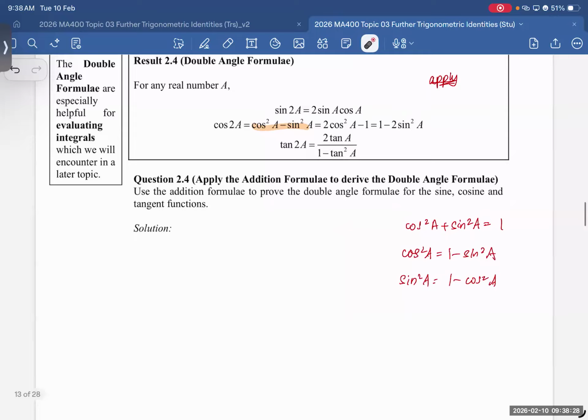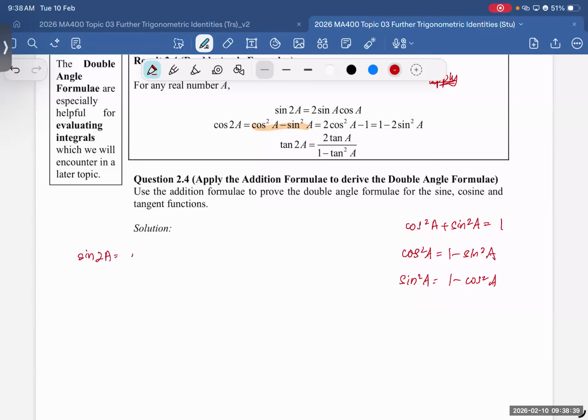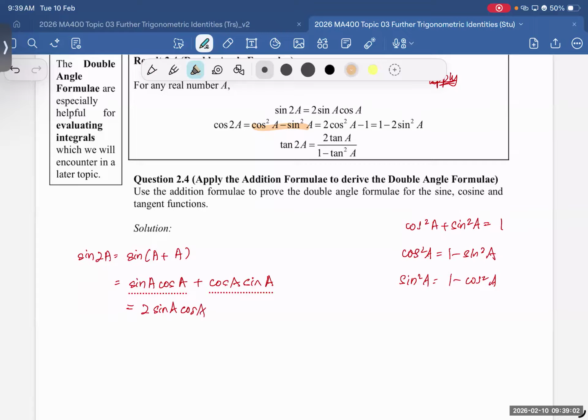For example, sine 2A, you can write it as sine A plus A. So you convert the B to an A. That is sine A cos B plus cos A sine B, which gives you 2 sine A cos A. Right, guys? So you're just changing the B.